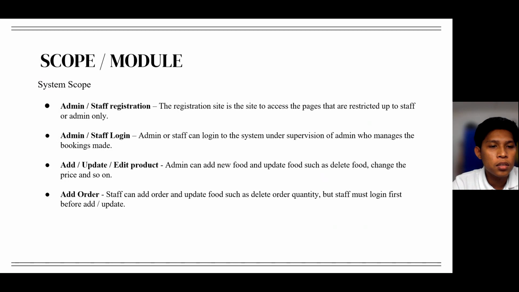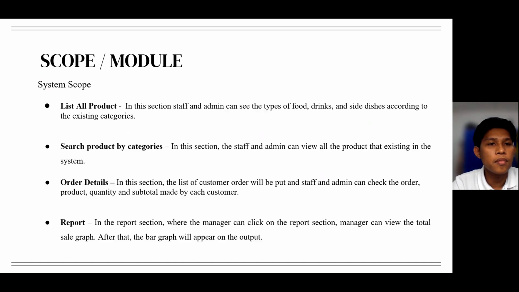My system also has an add order module where staff can take an order and update food, such as delete order quantity, but staff must log in first before adding or making an update about the order.